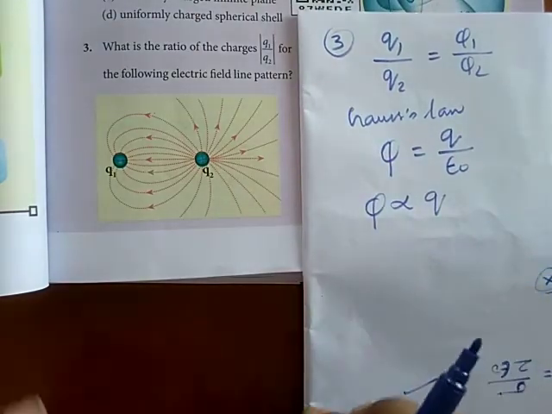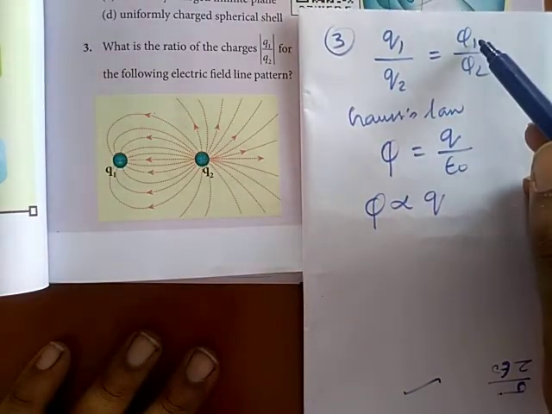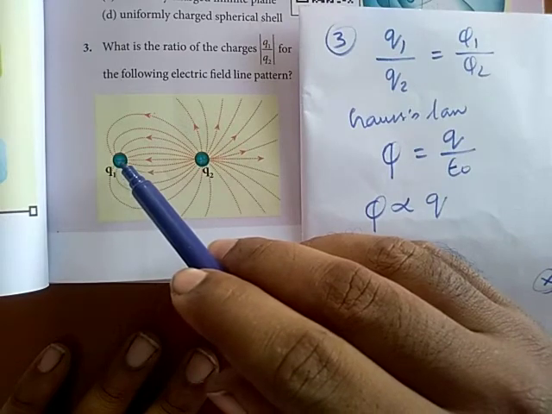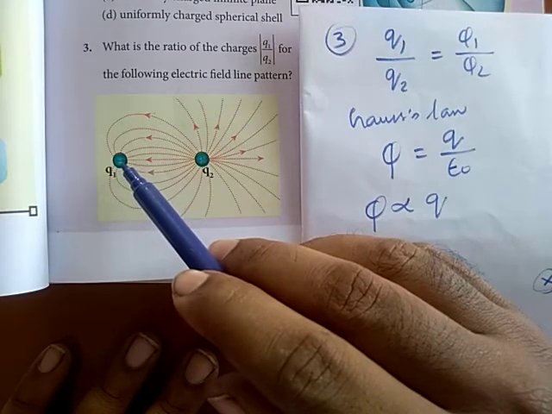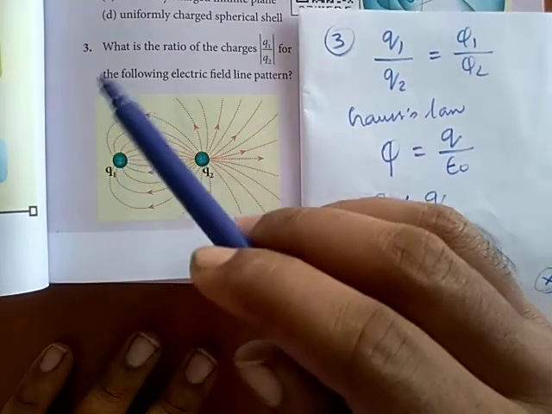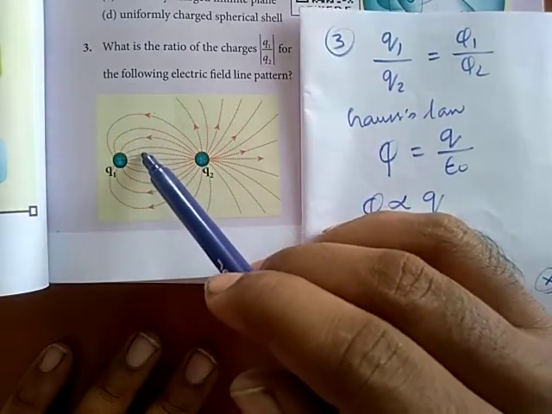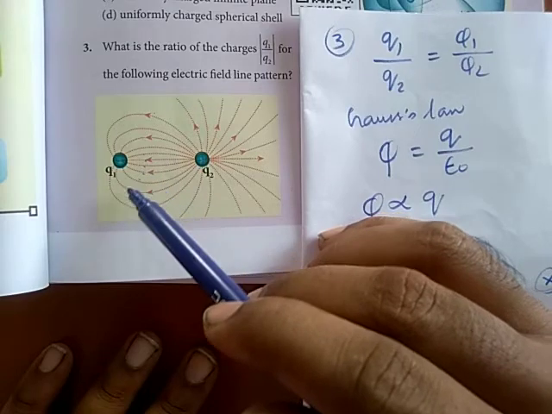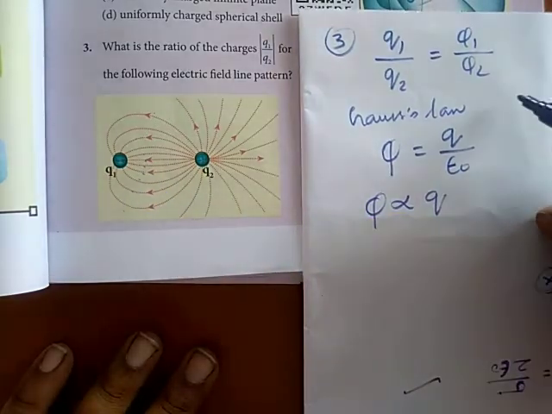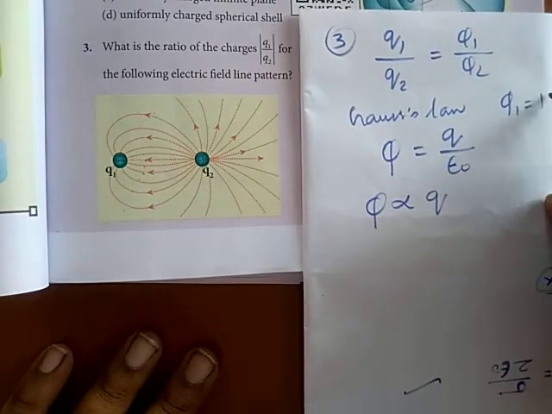Okay, we know phi 1 is the flux due to the charge Q1. Flux means number of electric field lines. Okay, here we can count this: 1, 2, 3, 4, 5, 6, 7, 8, 9, 10, 11. Phi 1 is 11.